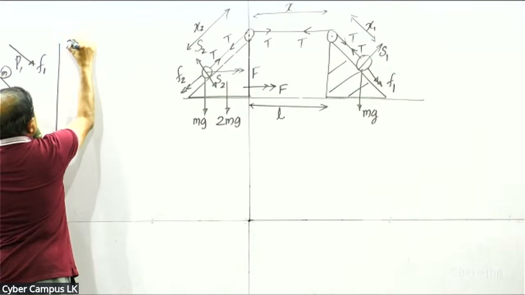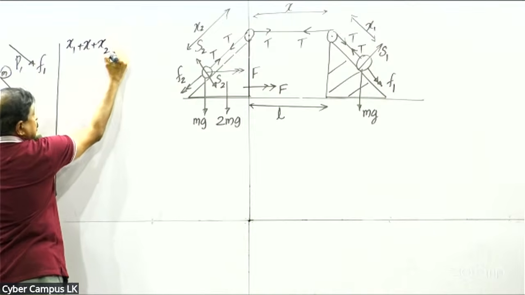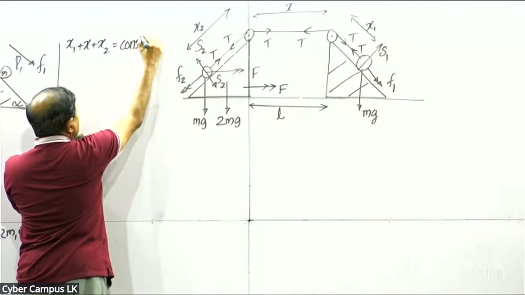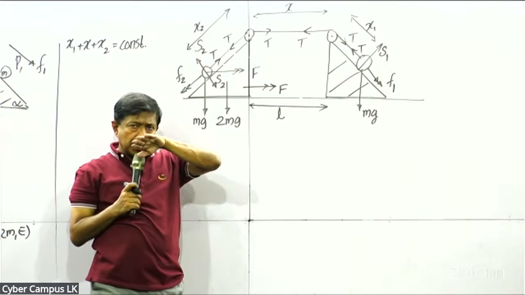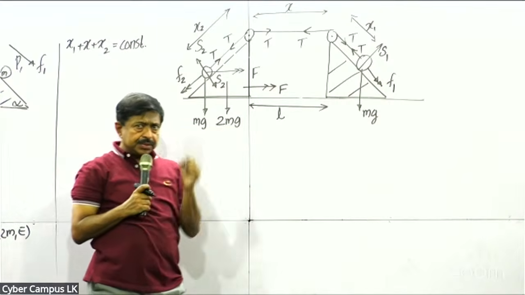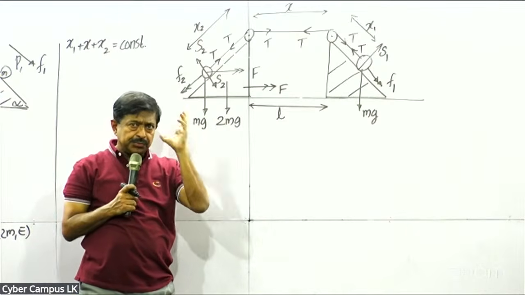So x1 plus x plus x2, the straight portions of the string, is constant. The portion of the string which doesn't touch the pulleys is constant.